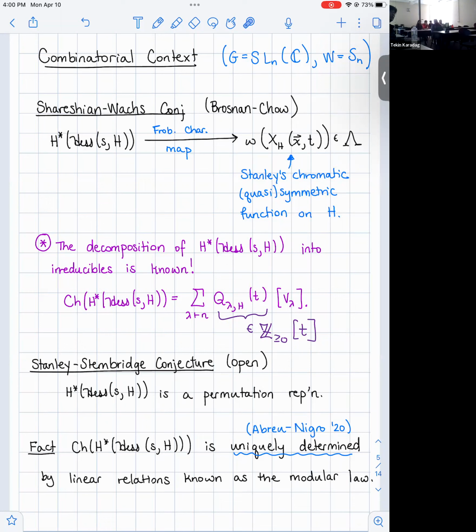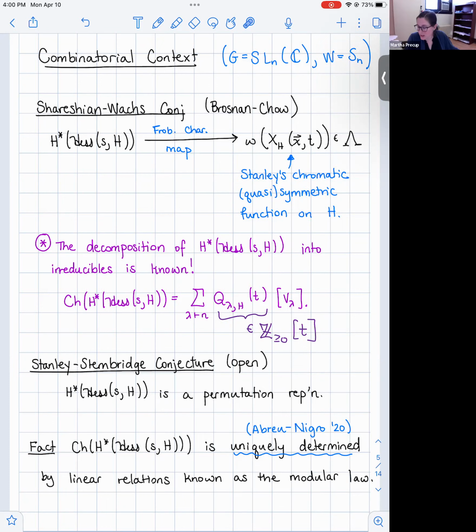And then you can actually do this in type B. You can have the Weyl group for type B act on the tensor space. And so my question is, can you use the summands of that tensor space to give you a set of modules for which you can realize this Stanley conjecture?